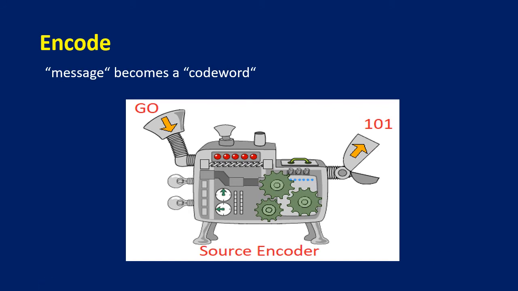Encode means that the message becomes a code word. Again, in our example wherein go is transmitted as 101, we say that the source encoder encodes the message. Obviously, that's why it's called an encoder.